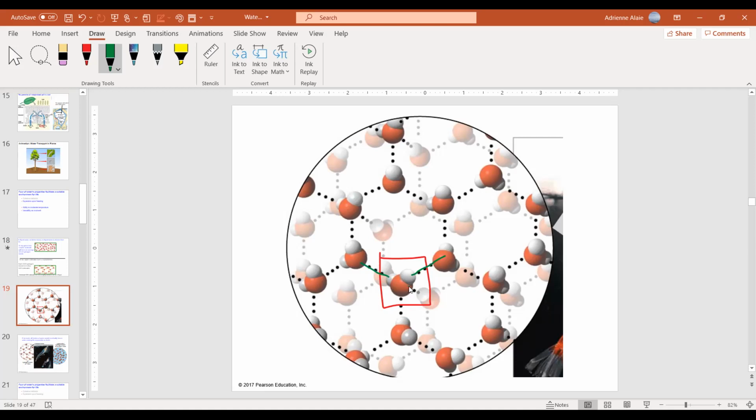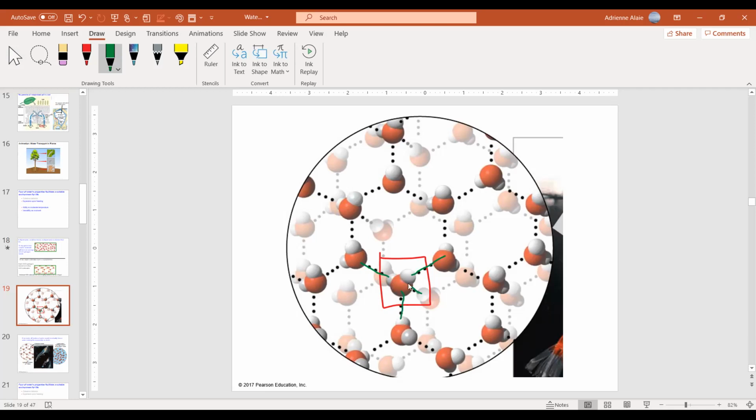And then we know that oxygen has these pairs of electrons so that they're each capable of making a hydrogen bond. There's 3 and here's 4. So these electrons on oxygen give this partially negative region the ability to hydrogen bond to the partially positive hydrogen, and this region of partial negativity can bond to this particular hydrogen.